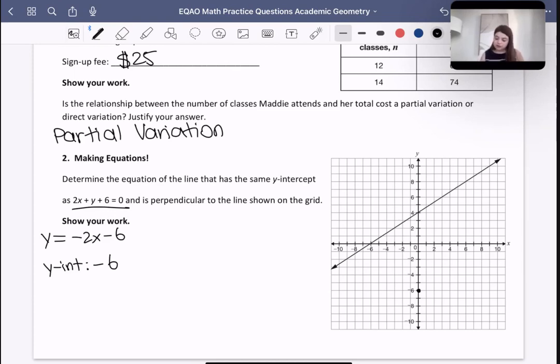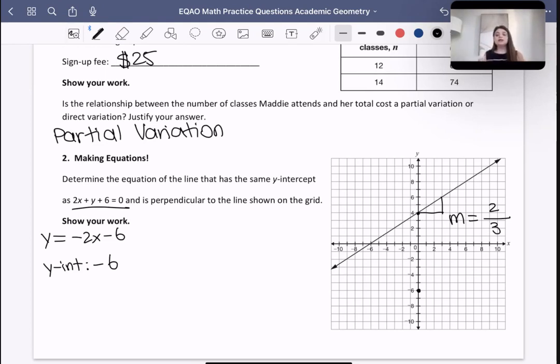Okay, so let's first find the slope of the line on the grid, right? So slope here is going to be rise over run, or delta y over delta x. You decide. But let's start here. We have rise of 2 over run of 3. So it would be 2/3, right?